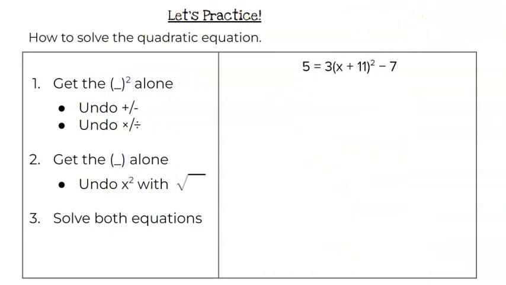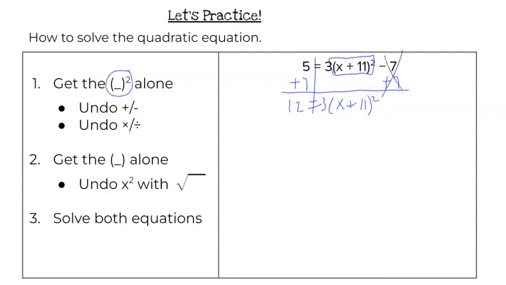All right, one more example here. We have 5 is equal to 3 times the quantity x plus 11 squared minus 7. So again, we're going to start by getting that quantity squared alone, which is this x plus 11 squared. So we want to undo that minus 7 with a plus 7 on both sides. 5 plus 7 is 12 equals 3 times x plus 11 squared.